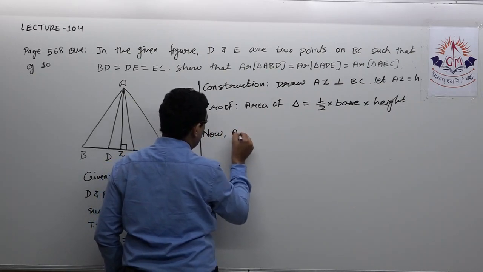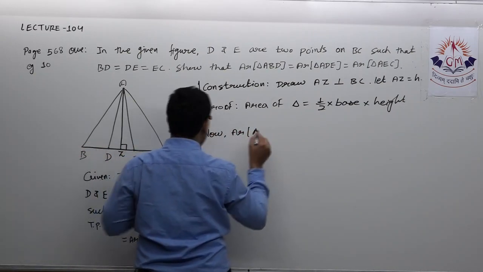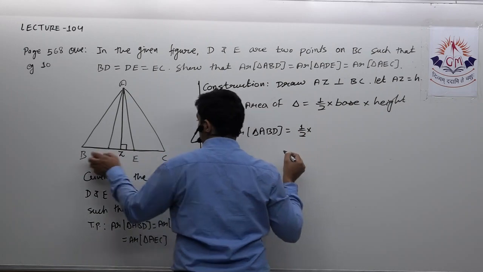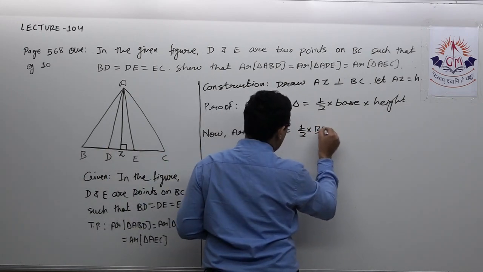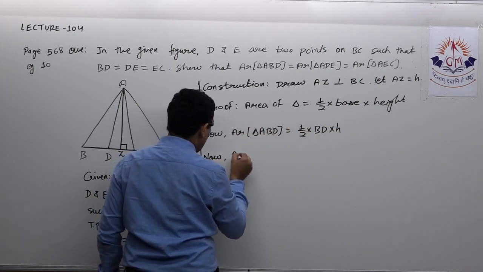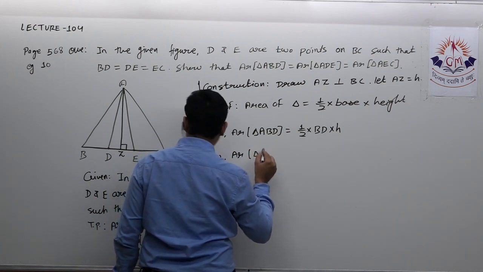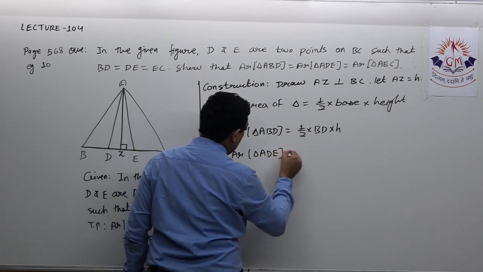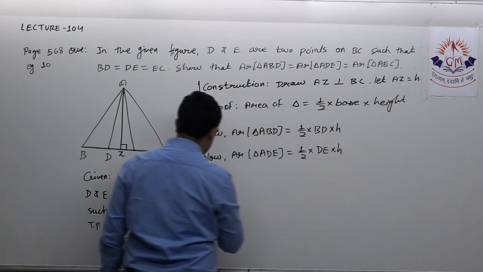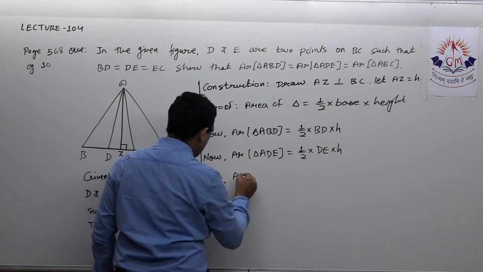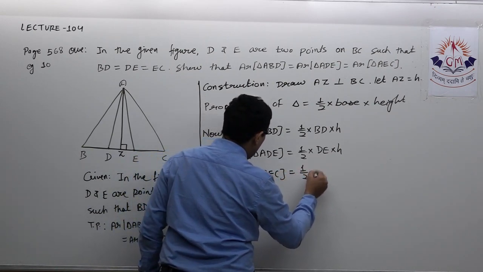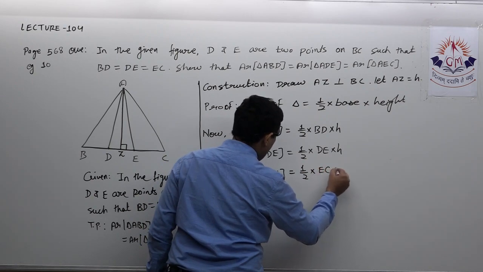Now area of triangle ABD is equal to 1 upon 2 base BD, height H. Now area of triangle ADE is equal to 1 upon 2 base DE, height H. Now area of triangle AEC is equal to 1 upon 2 base EC, height H.